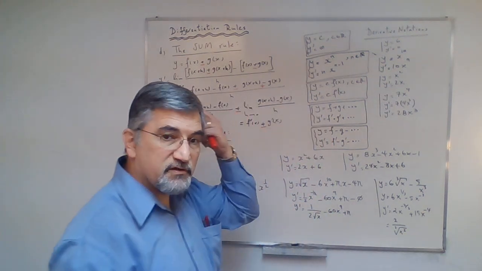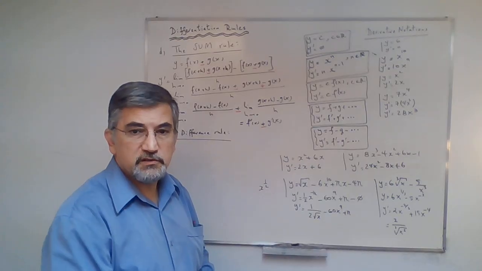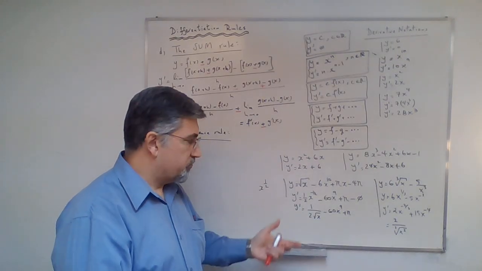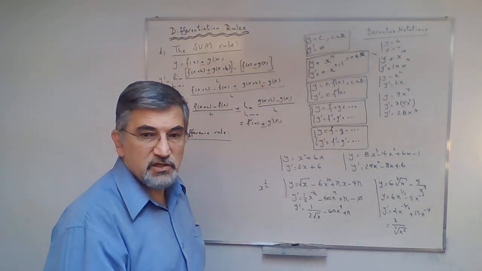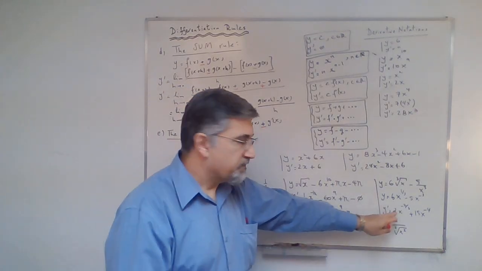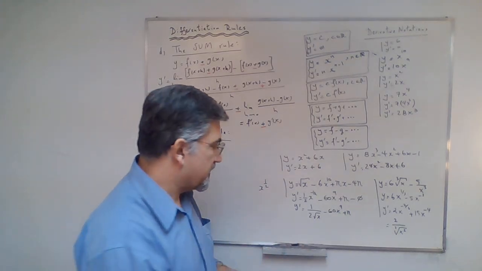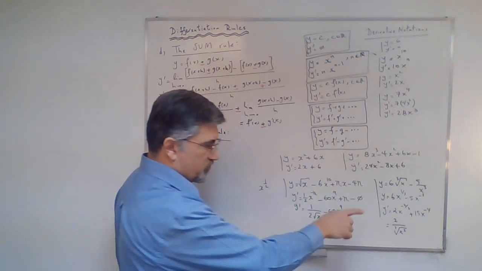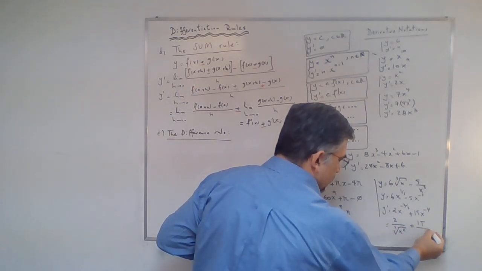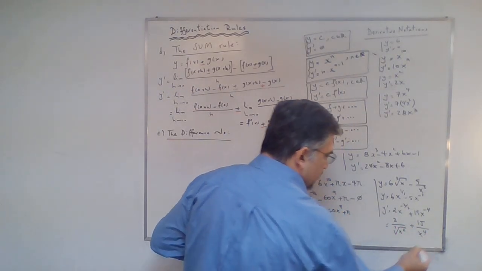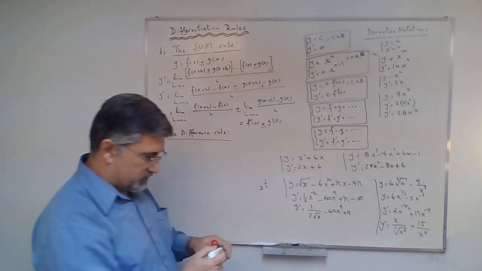If you convert it into radical form, you have to know the exponent laws, root laws, so many things, because in this course there's no time to sit down and talk about the very basics. You need to know how to convert rational exponents into radicals back and forth. So 2 over cube root of x squared, and the other one is 15 over x to the exponent of 4. And that is the final answer for this question.